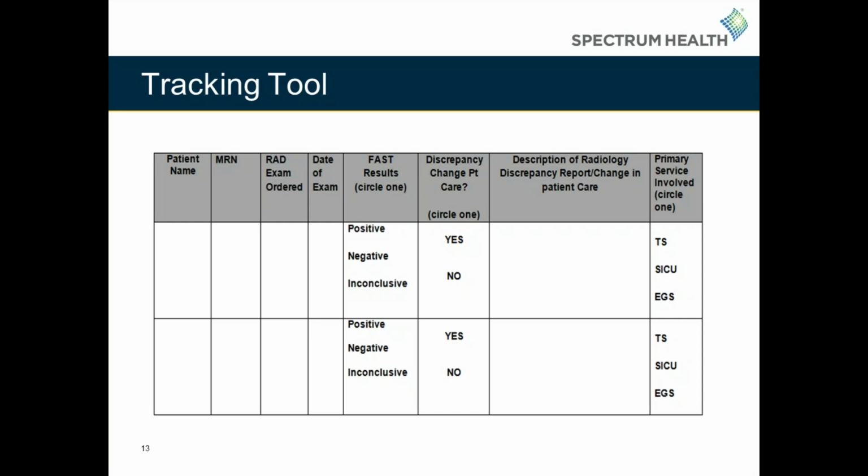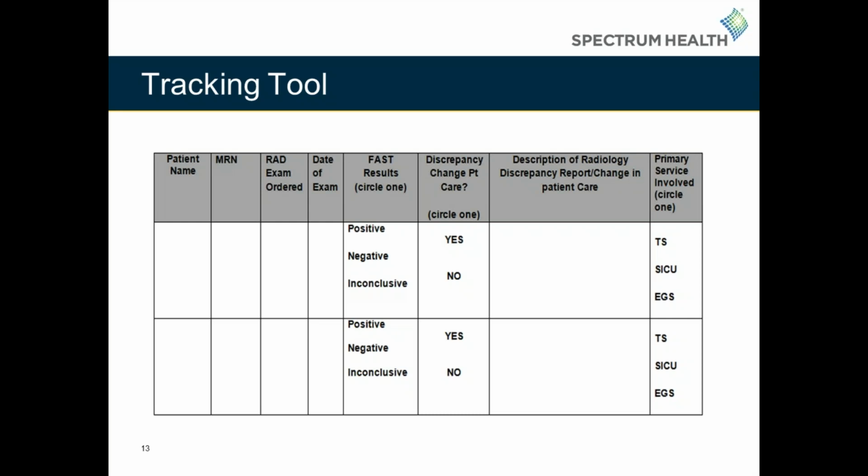And the date of the exam is important too because we know that patients will have several chest x-rays or different CTs throughout their stay. So we want to know when was that x-ray that you're looking at, because sometimes when we're looking at that on the back end, it's hard to tell, but the chest x-ray on day 2 might have found the injury and day 1 didn't.